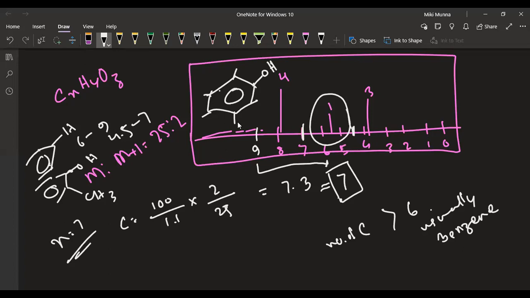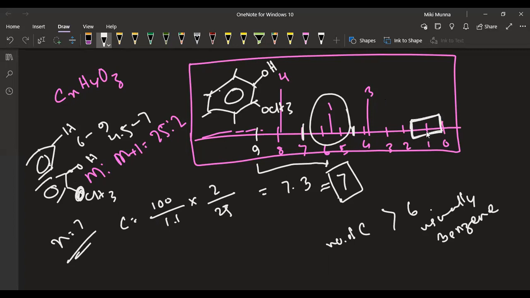So if that's the case, then CH3O should give us a value of what? That means our group should be OCH3. This should be a possibility. Why? Because if this is not the case and there is a direct CH3 on the benzene, that CH3 should be in this region.